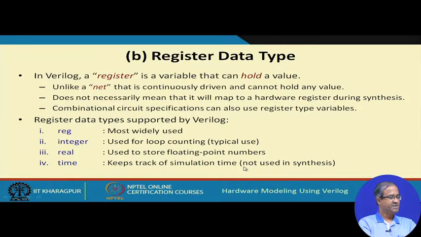Like using that hash symbol, I can write hash 5, hash 2, hash 1, but the synthesis tool will ignore that, those are only for simulation purposes, because during synthesis, whenever an AND gate is actually implemented, whatever is the actual delay of the AND gate, that will be the delay, right, not 1 or 2 or 3 whatever you are saying. Similarly, time is something that relates to the time of simulation, this is never used during synthesis. Such variables will be ignored during synthesis.